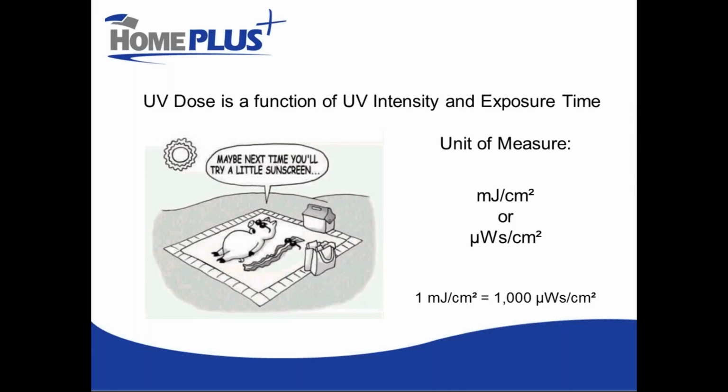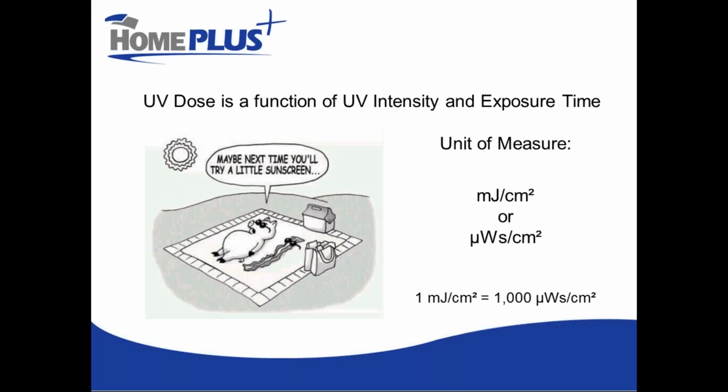So here's my analogy again of our exposure to sunshine as being somewhat equivalent to how we would look at dosage in a UV sterilizer. There are really two ingredients: the intensity of that light and how long we're exposed to it. If you're fair-skinned as I am, I don't need high intensity sunlight outside if I have a long exposure time, if I'm out there all day long, to potentially get a sunburn.